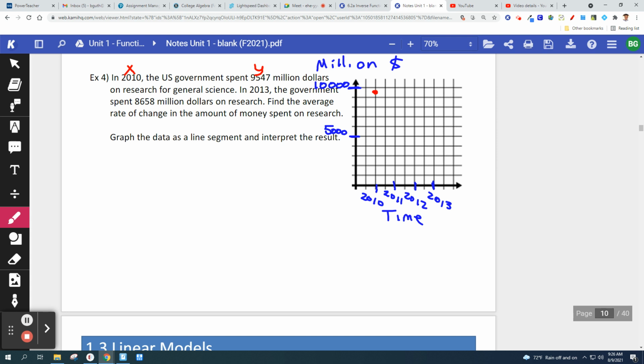Okay, that would be where $9,547 million is. And so then in 2013, that's your second X point, and 8658 is your second Y point. So we go to 2013 and about 8.6 on a 10-point scale. So there's 8.6 about right there, right? So they want me to graph the data as a line segment.